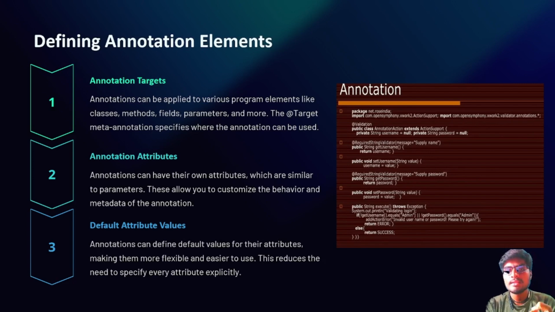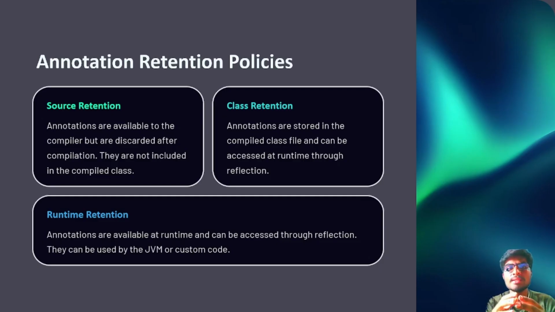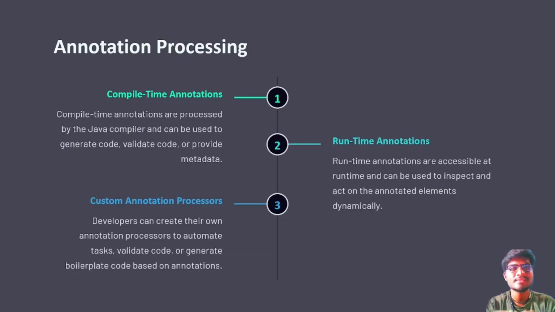Default attribute values: annotations can define a default value for their attributes, making them more flexible and easier to use. This reduces the need to specify every attribute explicitly. Annotation retention policies: source retention, class retention and runtime retention. I have already discussed this in a previous slide itself. So let's move to the next slide.